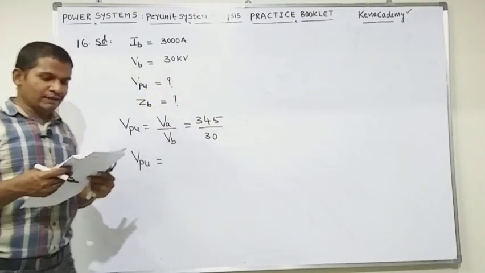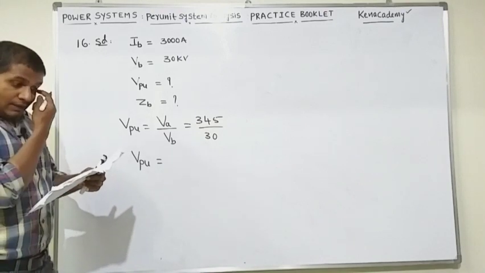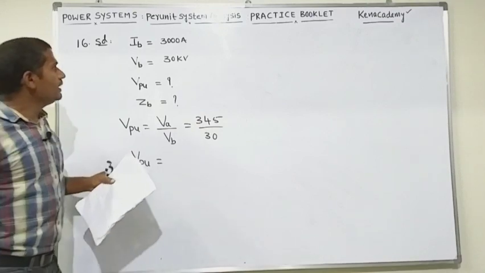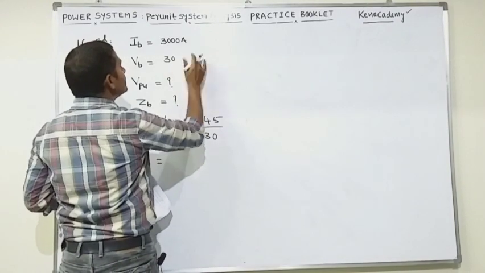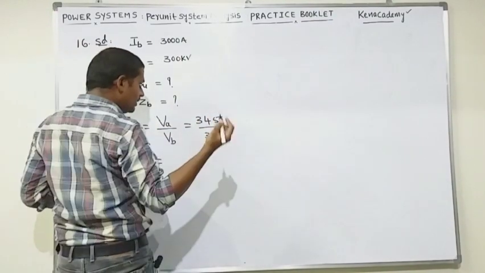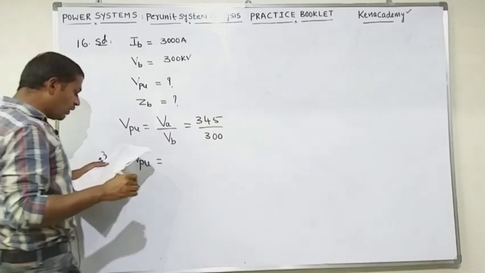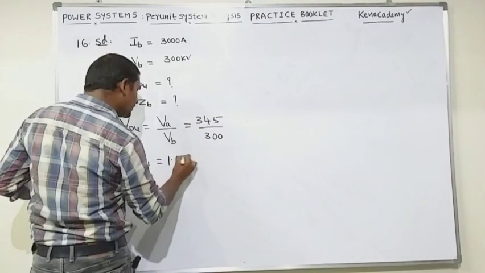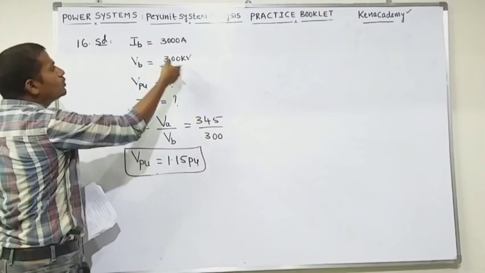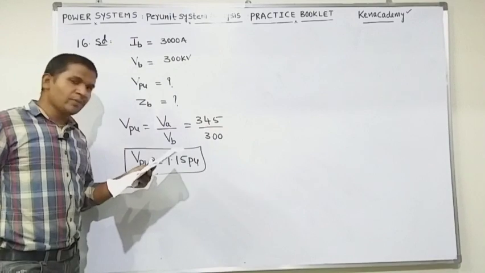Then how much can we get? It's not 30 kV, I think it is 300 kV. Please correct that. In the question the given base voltage is 300 kV, not 30 kV. Then we get 1.15 per unit.